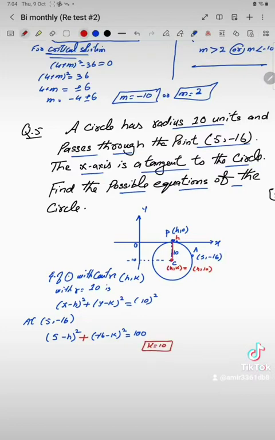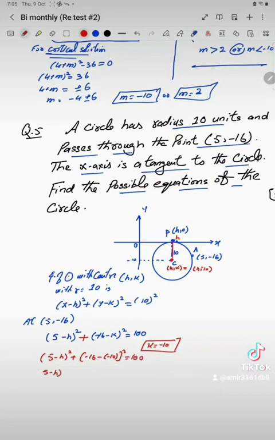Center and the vertical height is h, y is k, so k is minus 10. So you can replace it here. What you will get: (5 minus h) whole square, k is minus 10, vertical height below the x-axis, square plus (minus 16 minus minus 10) whole square is equal to 100.